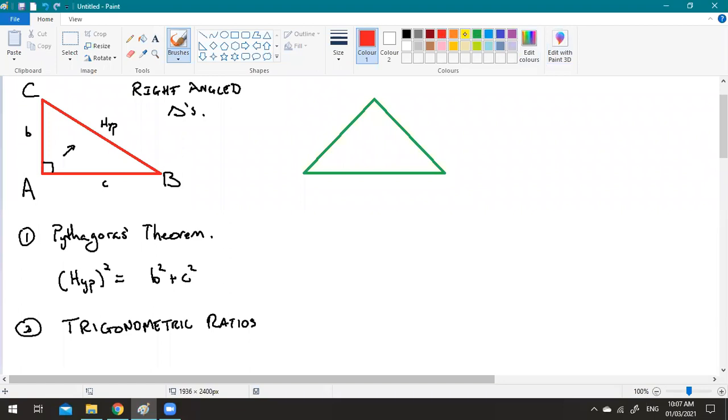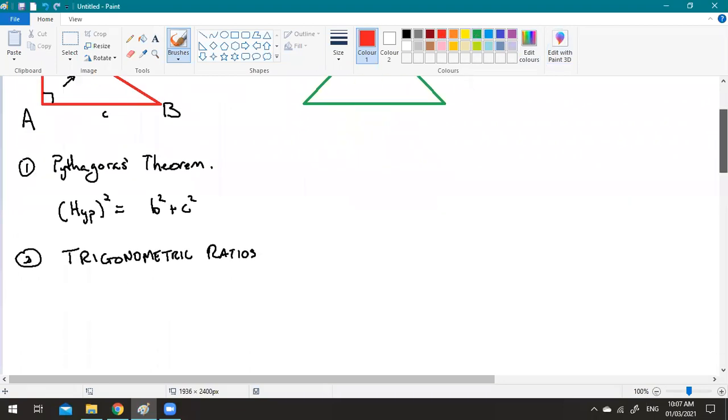What is SOHCAHTOA? The trigonometric ratios are SOHCAHTOA. So sine of the angle is equal to the opposite over the hypotenuse.